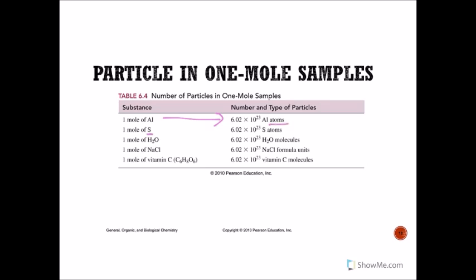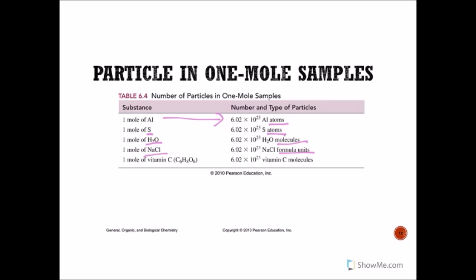Again, 1 mole of sulfur, sulfur's by itself, so we use the term 6.02 times 10 to the 23 sulfur atoms. 1 mole of water, water is a covalent compound, 2 nonmetals. We use 6.02 times 10 to the 23 water molecules. And 1 mole of sodium chloride. Sodium chloride is an ionic compound, so we use 6.02 times 10 to the 23 sodium chloride formula units.